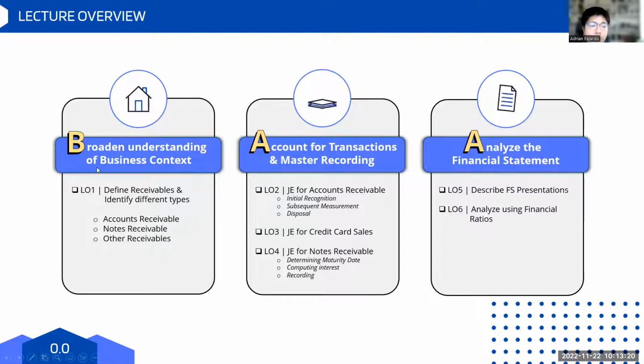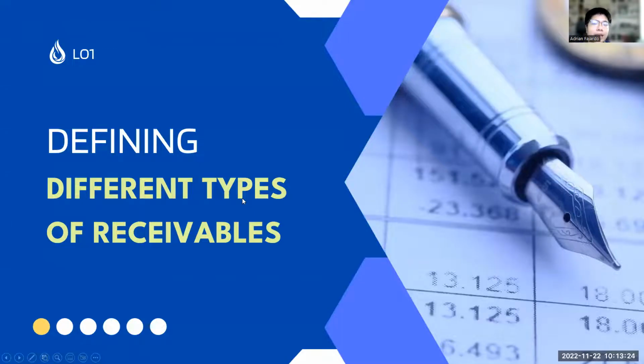Right? So now that we're clear about the learning objectives, let's take a step back muna and define the different types of receivables. Going back to your financial statement, the very first line item would be your cash and cash equivalents. In cash, we only had one line item to represent cash and cash equivalents.